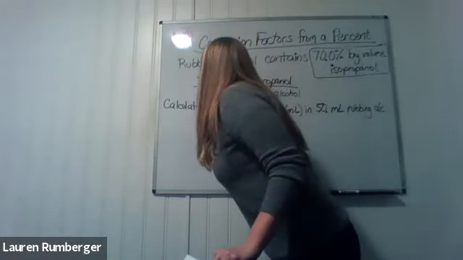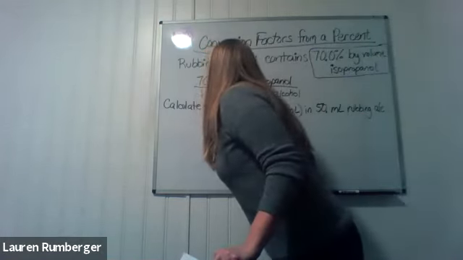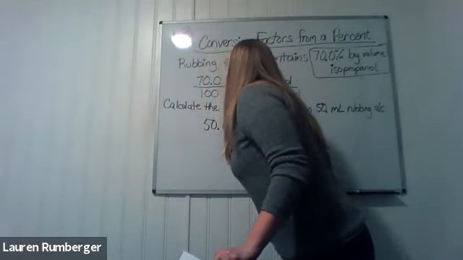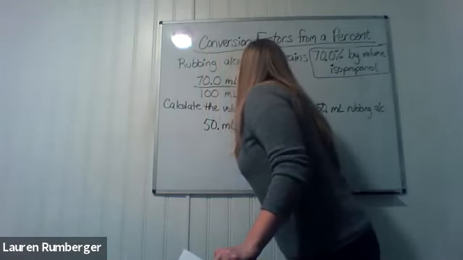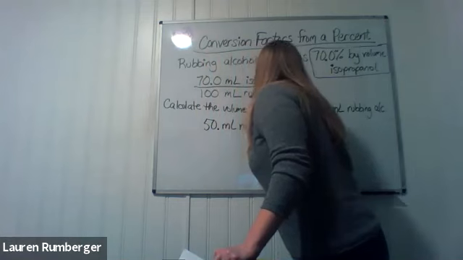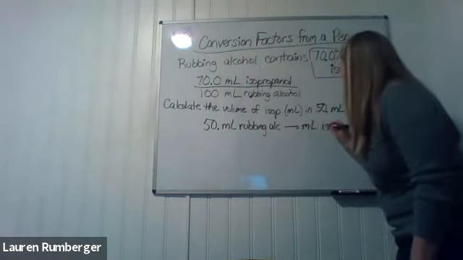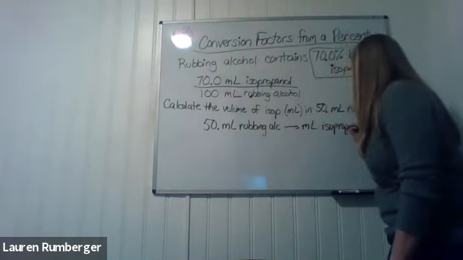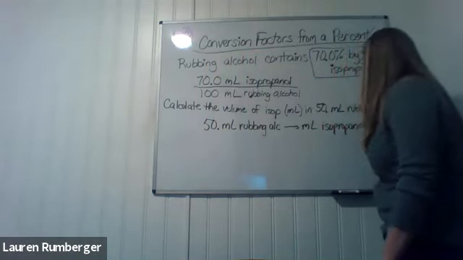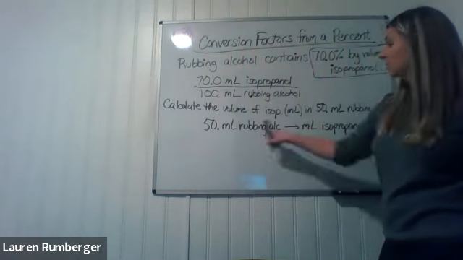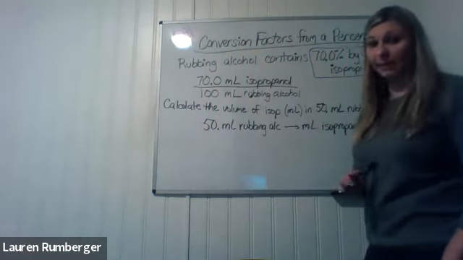So our question is converting 50 milliliters of rubbing alcohol to milliliters of isopropanol. Okay, so that's our plan. So let's begin.